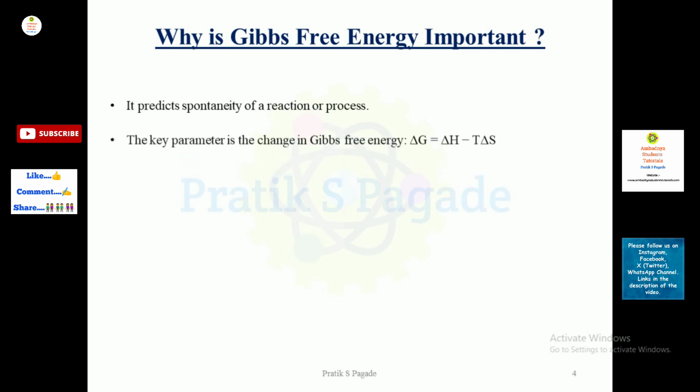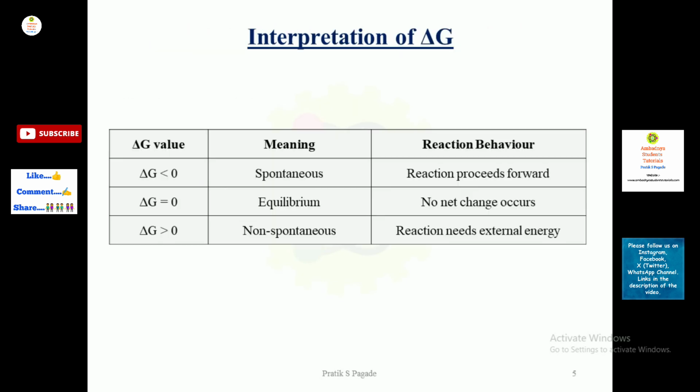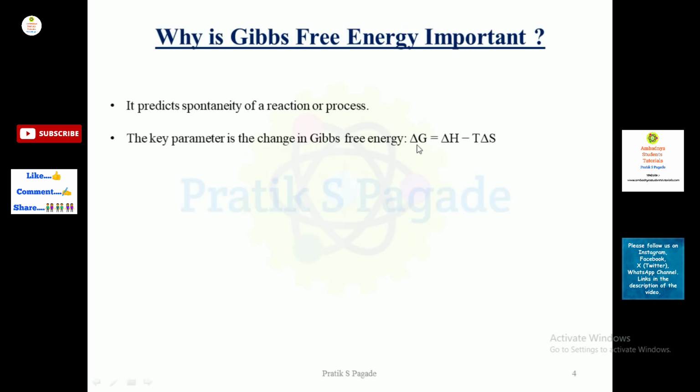The key parameter is the change in Gibbs free energy: delta G is equal to delta H minus T into delta S. Now, interpretation of delta G. If we put the values of change in enthalpy, temperature and change in entropy into this equation, we will get delta G, the change in Gibbs free energy.